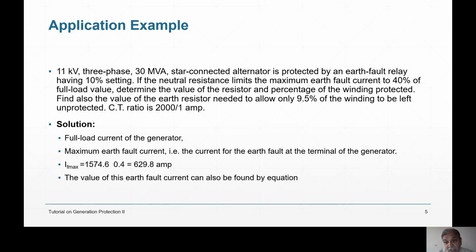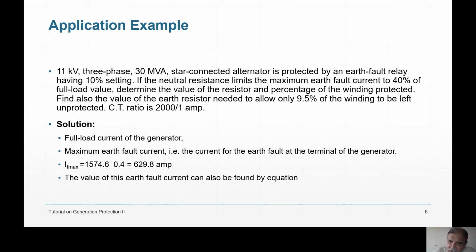Therefore, the earth fault current is going to flow through the stator core laminations, and the varnish between the laminations is going to be damaged. Then the laminations are going to be shorted, thereby the eddy current losses will increase and the generator will overheat. That is our main problem. So we want to limit the earth fault current to as low as possible. Here we are trying with first 40%.